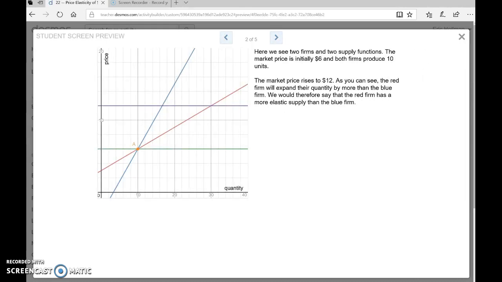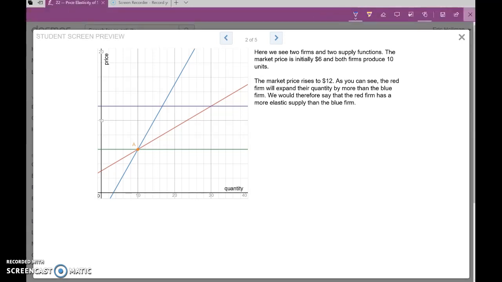What this diagram shows is we've got two firms, the red firm and the blue firm. This is the red firm's supply function. This is the blue firm's supply function.